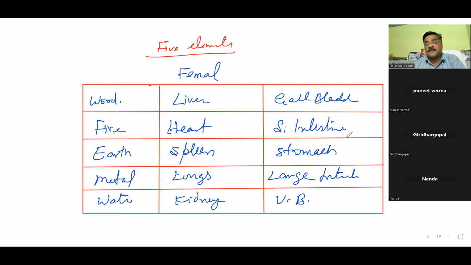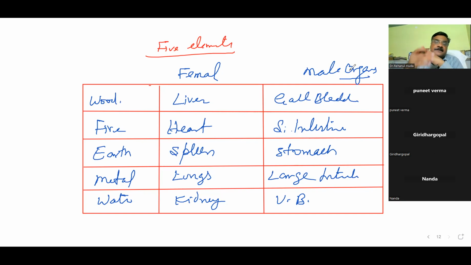And gallbladder, small intestine, stomach, large intestine, and urinary bladder, we call male organs. So what is the nature of female organs? The nature of female organs is that they work 24 by 7.